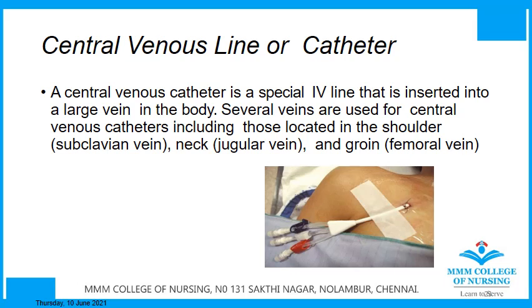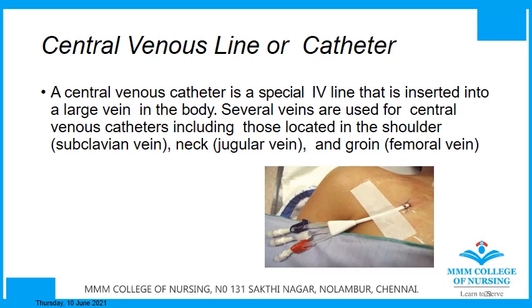Let's go on and see what is a central venous line or central venous catheter. A central venous catheter is a special IV line that is inserted into a large vein in the body.